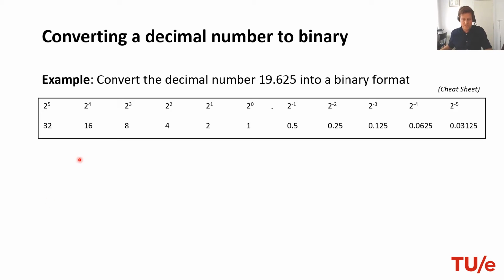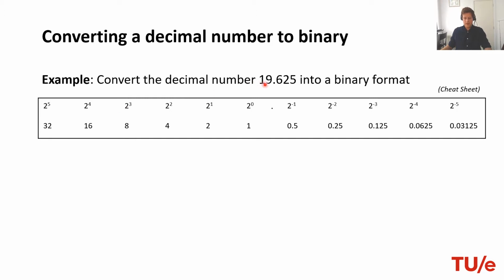And this cheat sheet basically gives me the powers of 2 in base 10 representation, which allows me to easily turn on and off the switches that are needed to form the decimal number that we have to convert into binary. So let's give this a try.